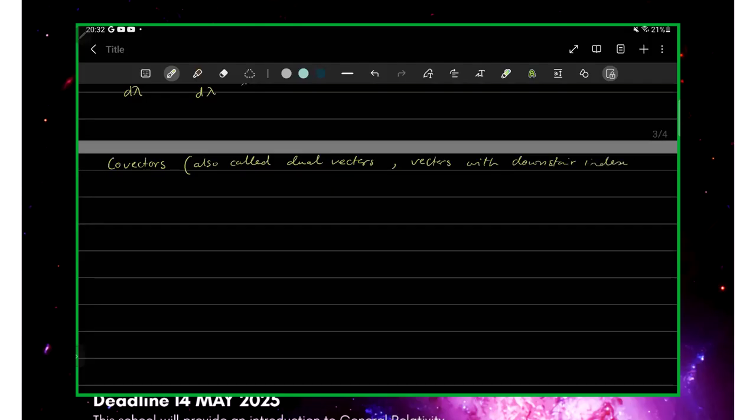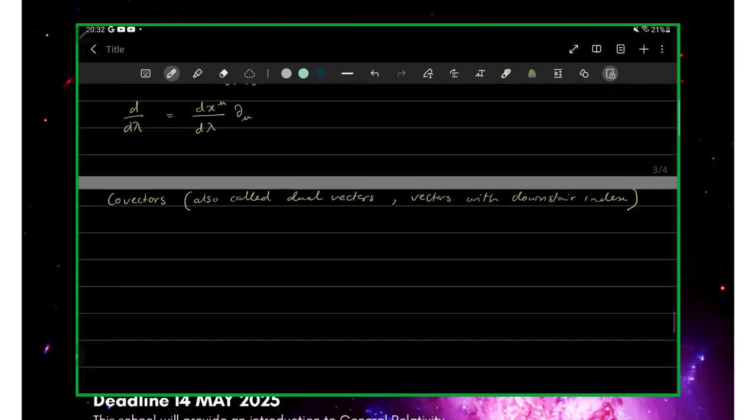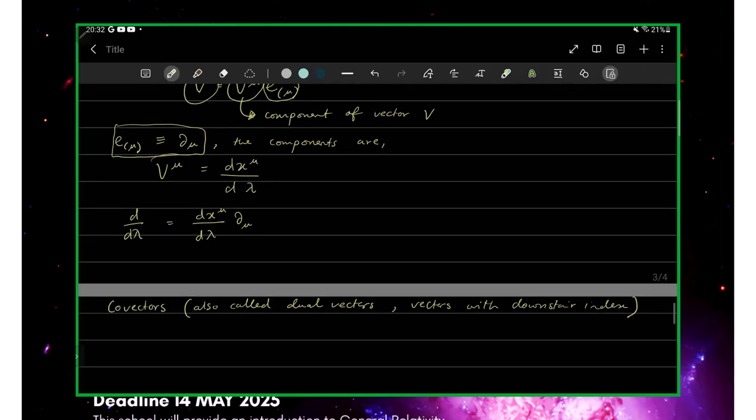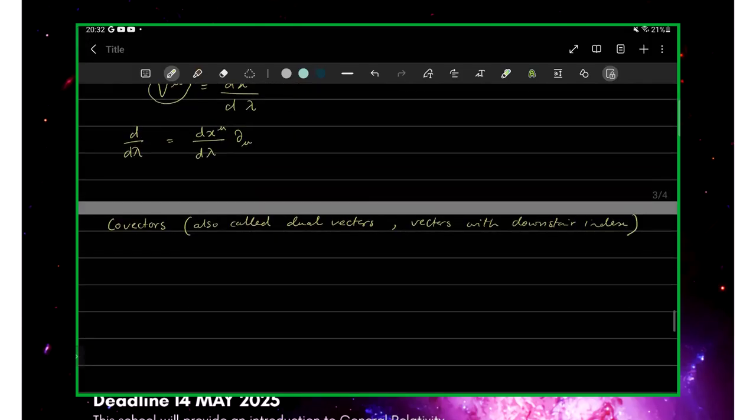And you will see a lot of them when you do GR. We've defined the components of vectors using upstairs indices, right? Their dual counterparts we will just denote with a downstairs index.